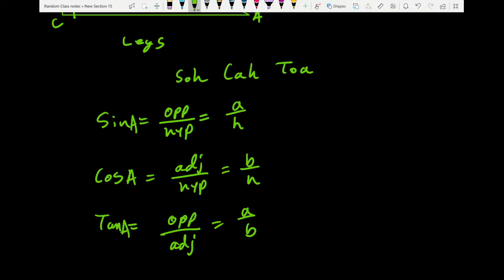Also, make sure your calculator is in degree mode. I want you to type in tangent of 35 degrees and see if you get the answer 0.7002. If you're getting anything else, then your calculator is not in degree mode.